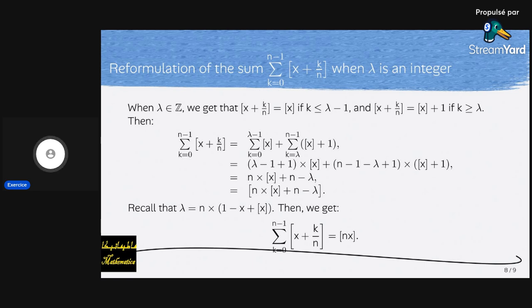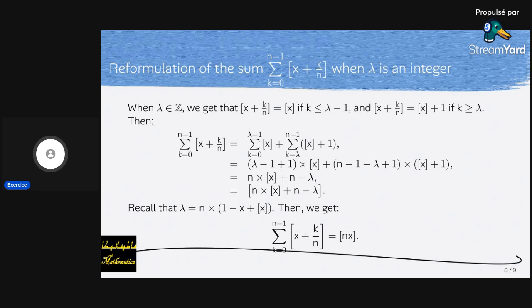So we have lambda minus 1 plus 1 times the integer part of x, and also n minus 1 minus lambda plus 1 times the integer part of x plus 1. When we compute this, we get n times the integer part of x plus n minus lambda.